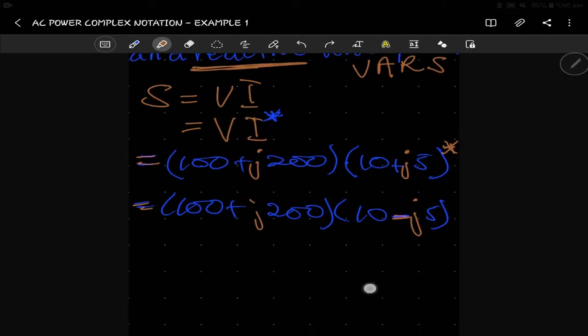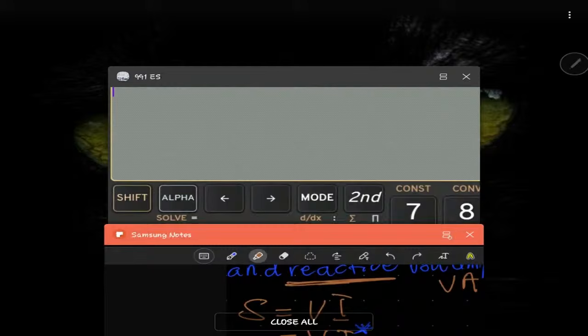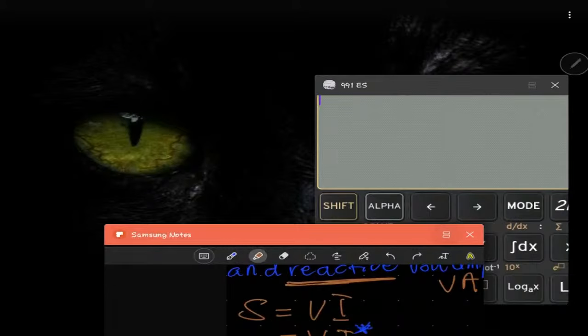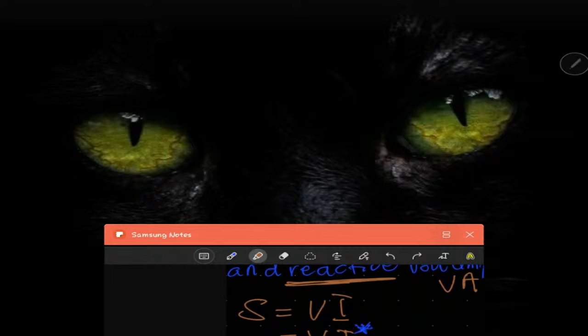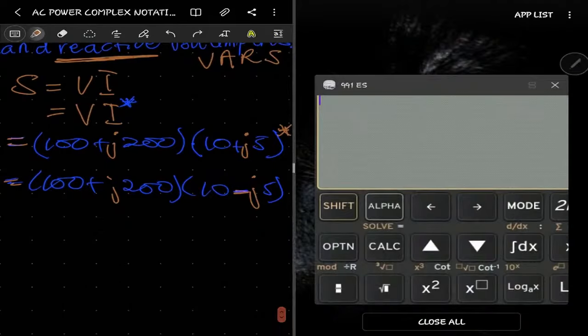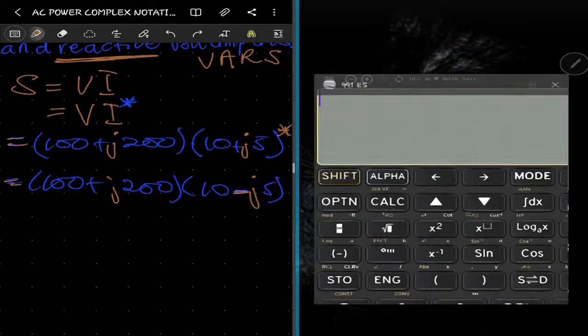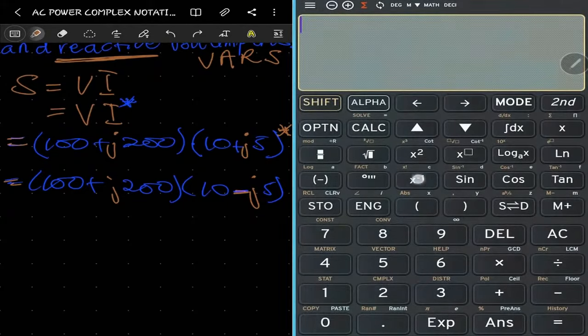You've seen how to use the calculator to help you get the values directly. So that's what we're going to do now. The other thing you have to do is change your calculator to complex mode. So we are going to do that now, and you just punch everything in as we see.